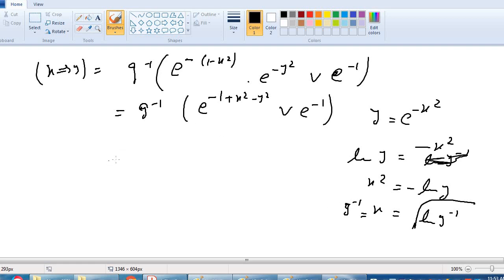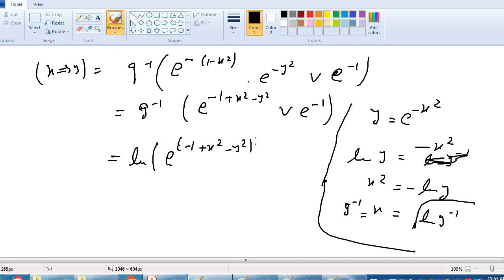We apply a g inverse, and this is a separate calculation. We will get ln of exponential of e raised to power minus 1 plus x square minus y square, power minus 1, and both are power, so it will multiply with minus 1 because this is the power of exponential, and we are taking minus 1 multiplying with it, and the whole of the power 1 by 2, or under root.